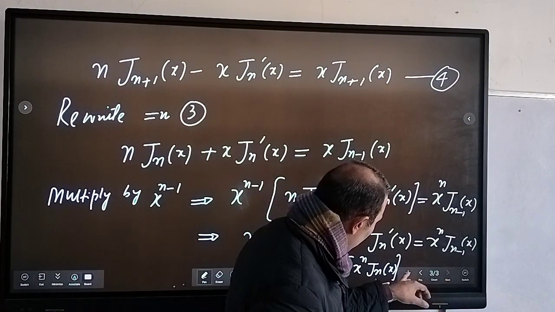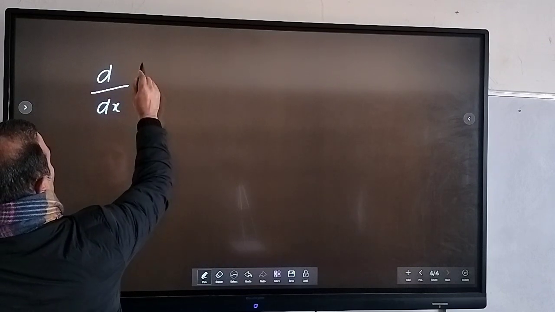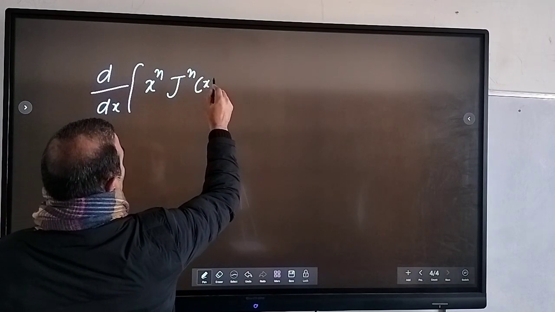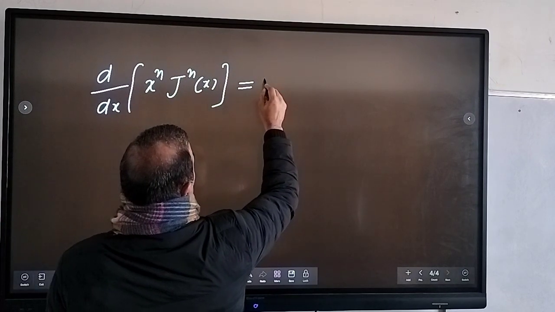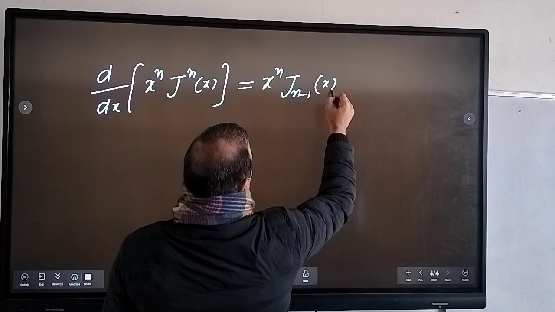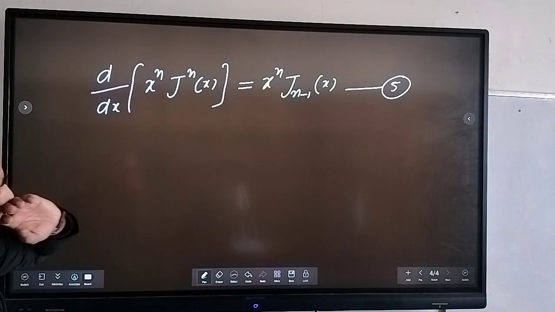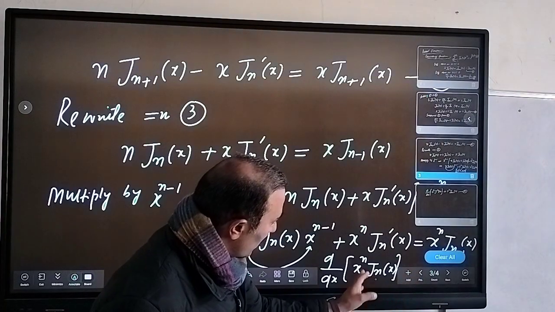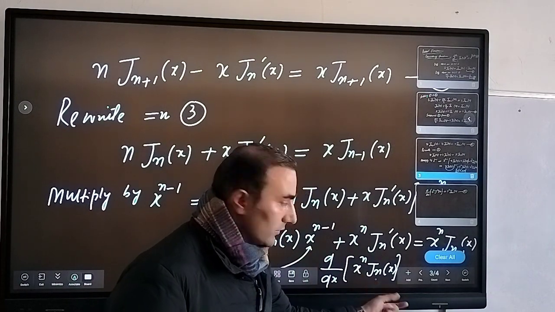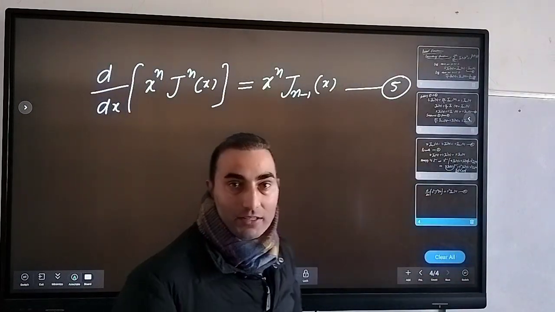So I can write this as d by dx of x raised power n Jn of x, which equals x raised power n J n minus 1 of x, right? I wrote the same thing here too, so this is our another recurrence relation.